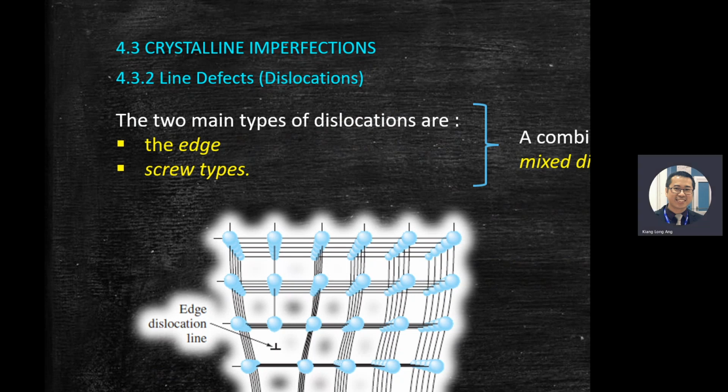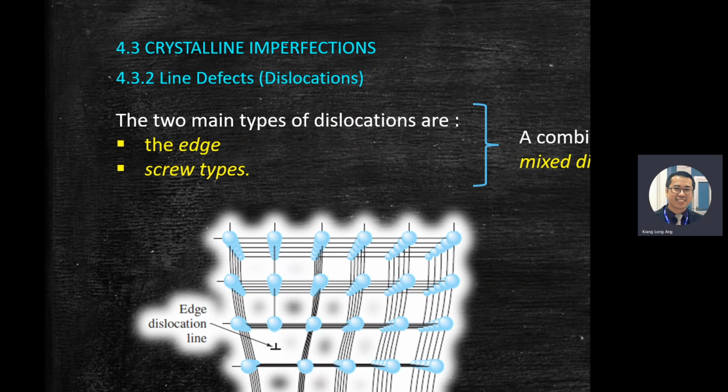But when you come to the next row, one atom is missing. So you only have 1, 2, 3, 4, 5. So there is a row of atoms missing here. So this one is called edge dislocation.